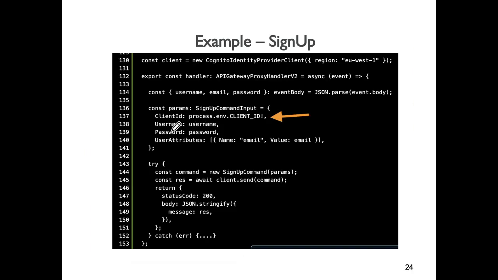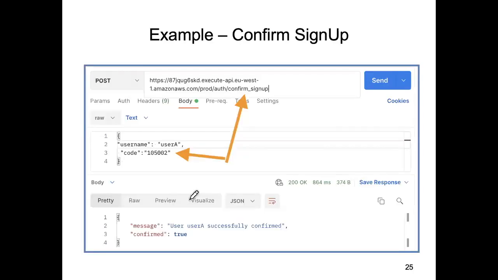And the other parts are just the body of the request. Here we're creating an instance of our sign-up command object itself, and we're sending that command object to my Cognito client. Hopefully Cognito comes back with a success response, and I'm just sending a response back to the client, let's say our React client. So that's pretty straightforward, I think.